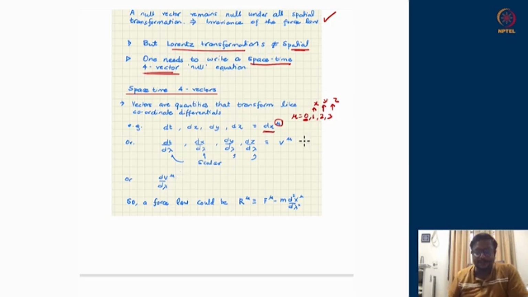So we have a velocity 4-vector v^mu, which is the first derivative of the coordinates with respect to some invariant scalar.